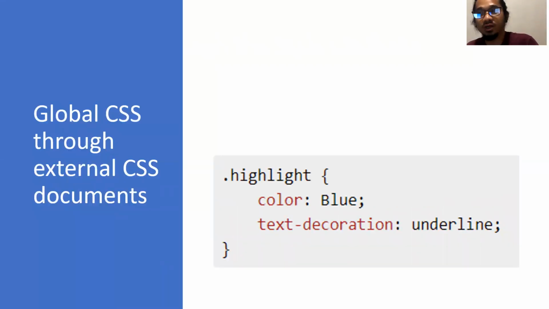Global CSS through external CSS documents. By using style blocks as described above, you can reuse your CSS code all over the document, but you still have to include it on all of the pages of your website, which requires the browser to download it on each request, instead of just downloading an external CSS file once and then caching it.